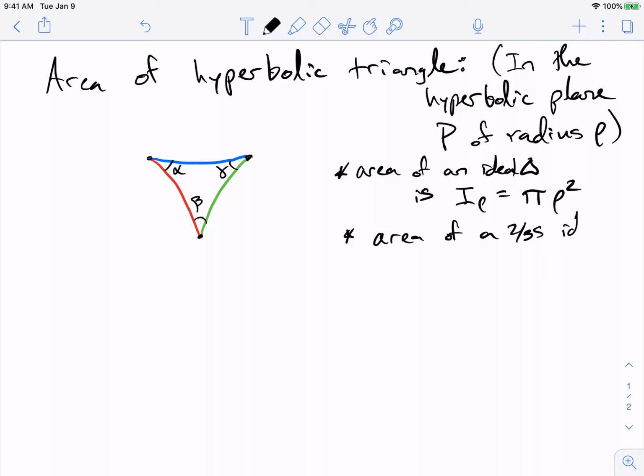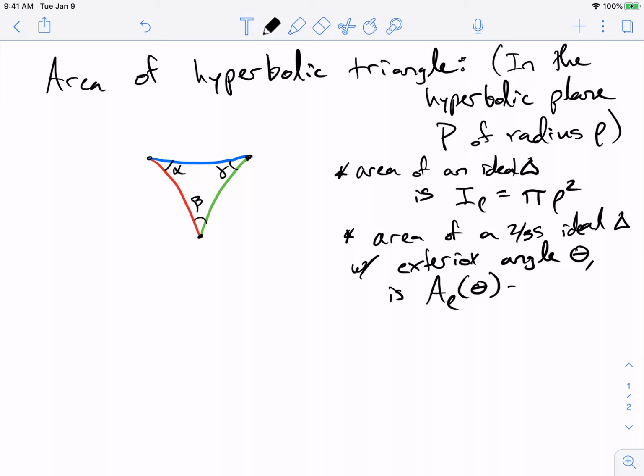Another fact that we have is that the area of a 2/3 ideal triangle, we have to say which 2/3 ideal triangle, so one with exterior angle theta, I guess I called it A rho of theta, and it was equal just to theta times rho squared, which is equal to theta over pi times the area of an ideal triangle.